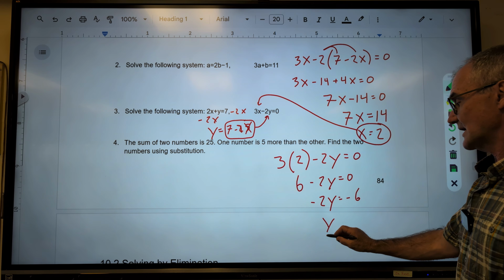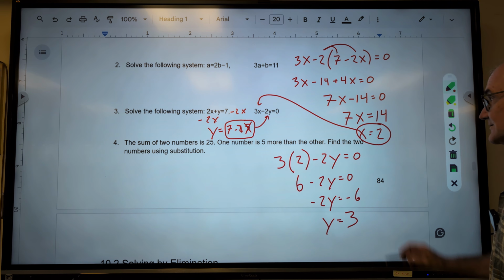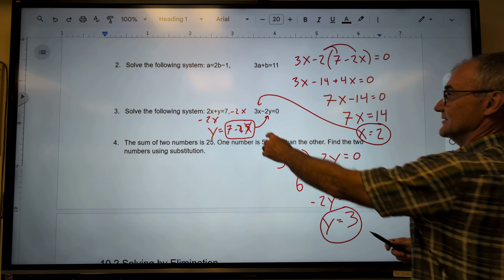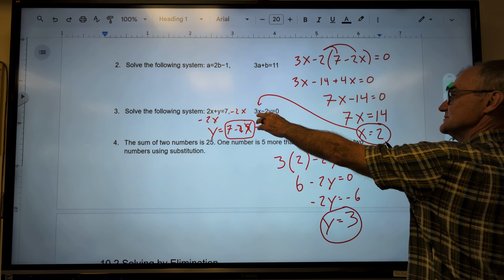Negative divided by negative is positive. So I have a value for x, value for y. Double check that. 3 times 2, 6. Minus 6 is 0, works there. 4 plus 3 is 7, works there. My solution, the ordered pair, is 2, 3.